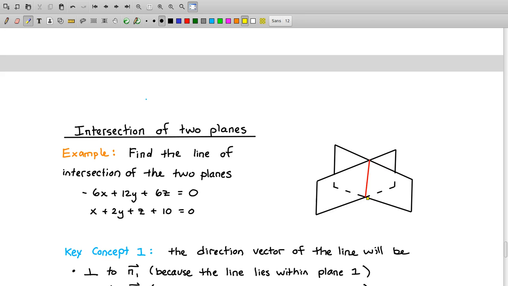And if the line is also in the second plane, then it's also perpendicular to the second normal. So the direction vector of my line will be perpendicular to both the normal n1 and the normal n2. And again, if I need a vector perpendicular to two other vectors, I have a tool in my bag that does just that. It's the cross product.